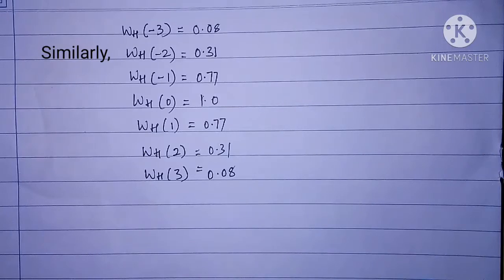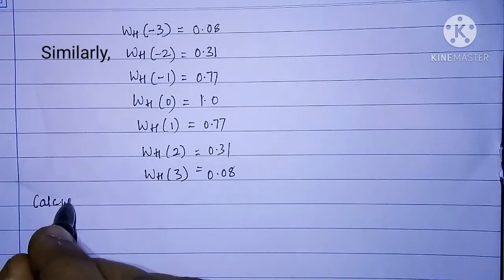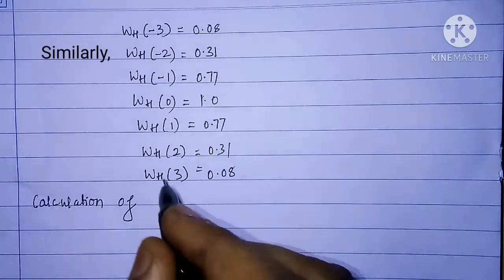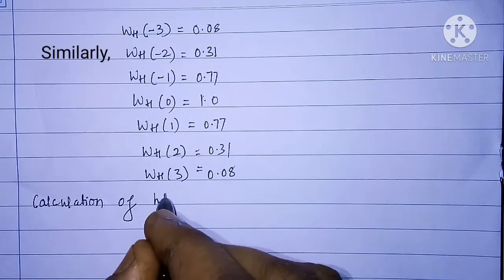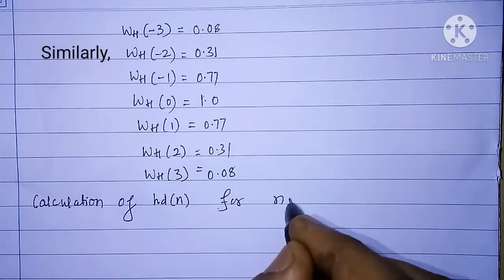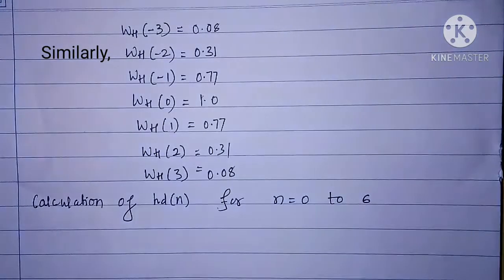Now we will calculate desired impulse response HD of n for n equal to 0 to 6.